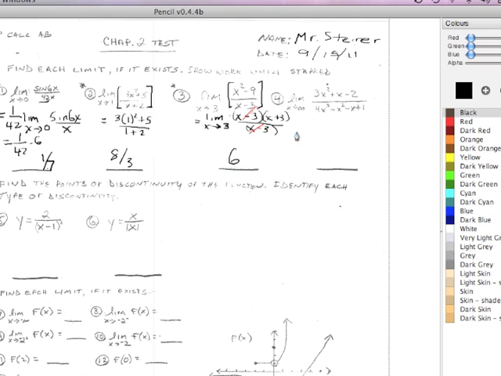The limit as x goes to infinity of 3x squared plus x minus 2 over 4x cubed minus x squared minus x plus 1. The dominant power here as x gets large is the power of this x cubed, so this answer is 0.